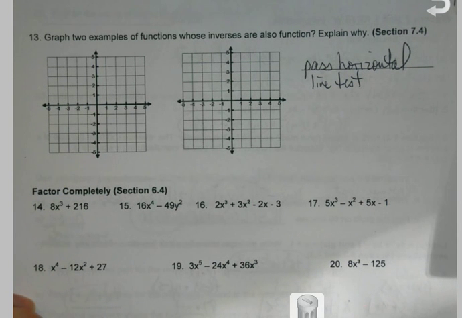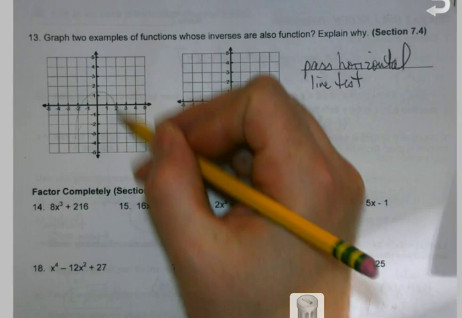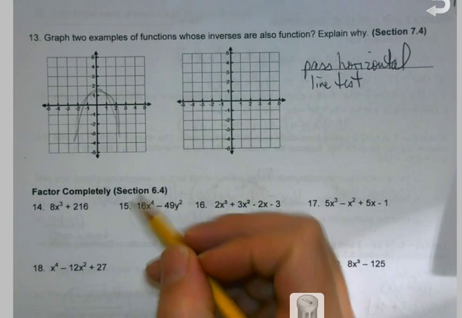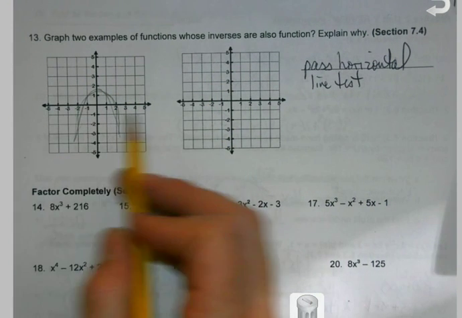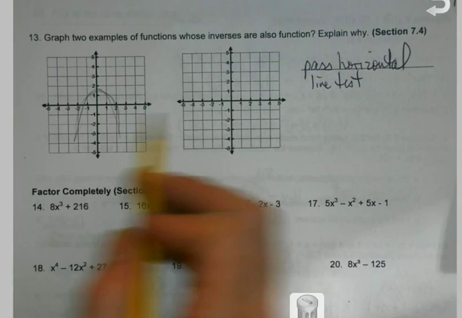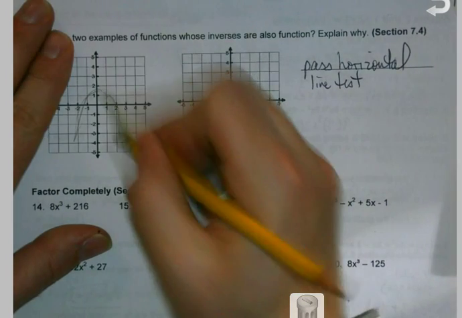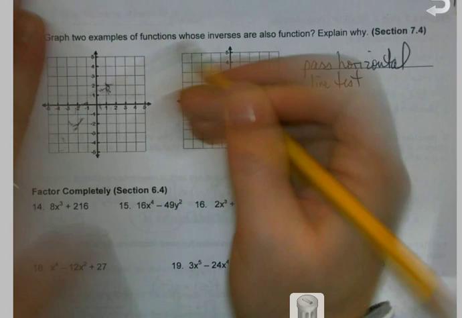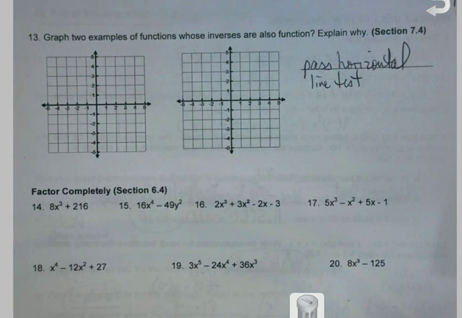Okay, any particular direction? Okay, now if I did a parabola that was facing downward, if I draw a horizontal line through, is it going to pass the horizontal line test? No. Now, that doesn't mean the parabola won't work. What direction would I need it to be going?